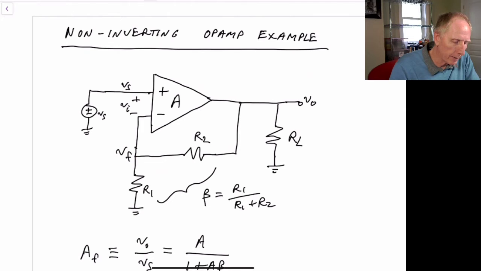We're assuming in this case that our amplifier has gain A, but infinite input impedance and 0 output impedance. So we don't have to account for any impedance looking up into our amplifier. If this was a practical amplifier, we'd have to include that effect when we're finding beta.